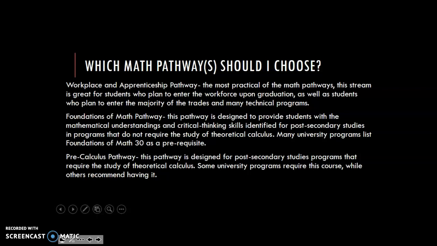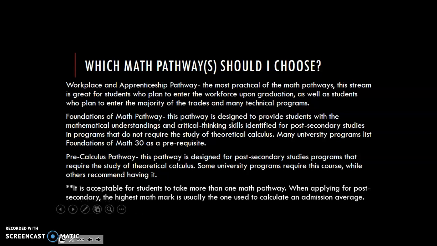And students find that if they've at least taken that pre-calc stream, even if they didn't do that great in it, at least they have those concepts as part of their repertoire. They've seen them before. So it's important that you really do your research and find out what works best for you in terms of your math pathways.